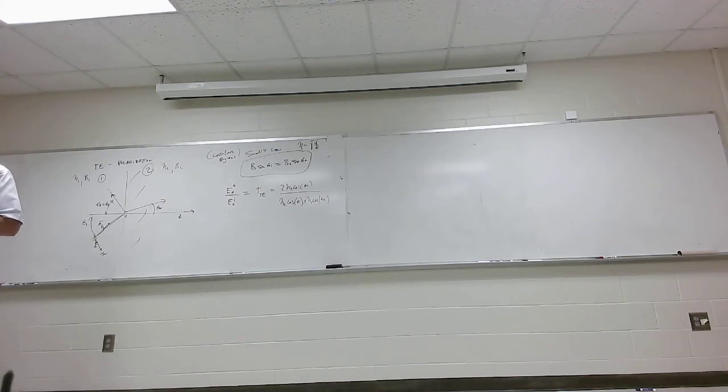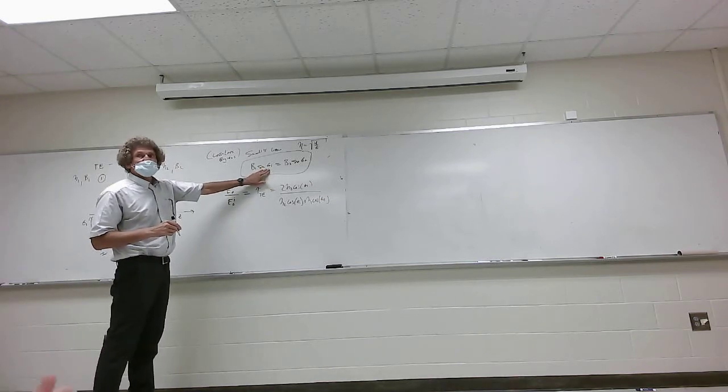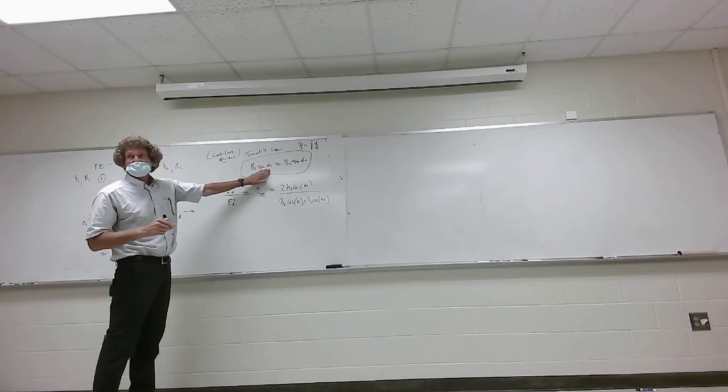How many remember hearing the term index of refraction? It has to do with light refracting or bending, right? I want to take just a moment and put Snell's law in terms of the index of refraction for everyone, because this is the most common way.